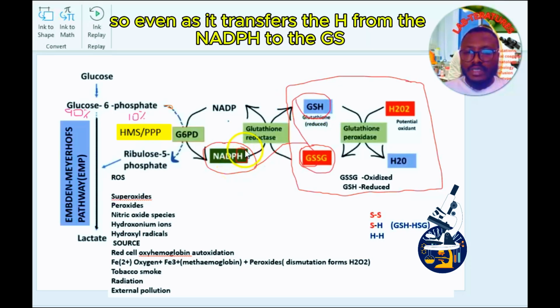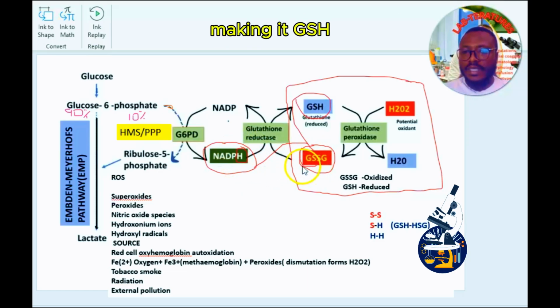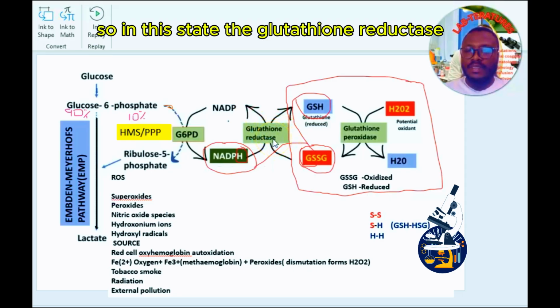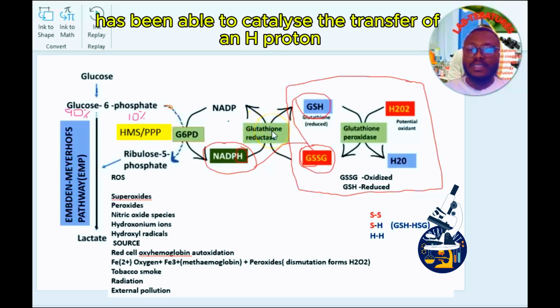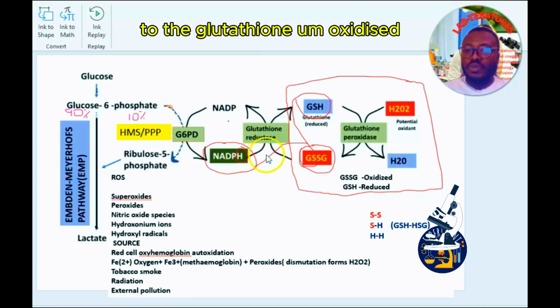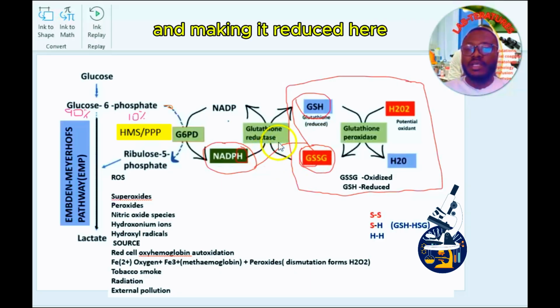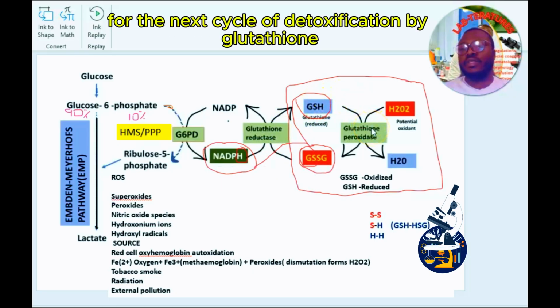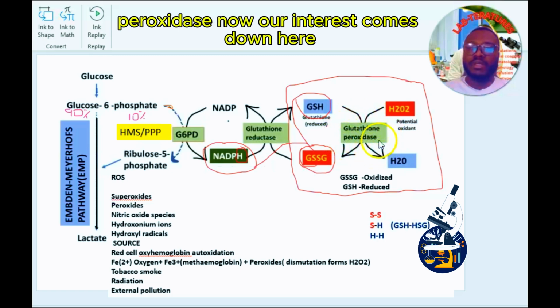So even as it transfers the H from the NADPH to the GS, making it GSH, the remaining is the NADP without the H. So in this state, the glutathione reductase has been able to catalyze the transfer of an H, a proton here, to the oxidized glutathione, and making it reduced here for the next cycle of detoxification by glutathione peroxidase.